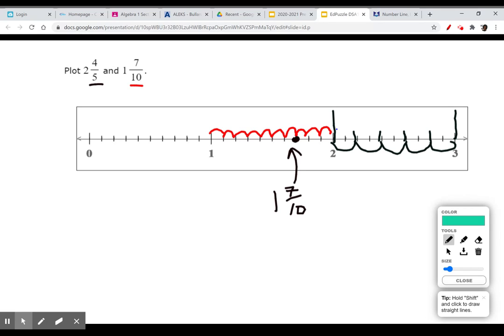So we know we're going to be in between 2 and 3 because this is 2 and 4/5. So here's 2 and 1/5, 2/5, 3/5, 4/5. Right here is 2 and 4/5, which is also the same as having 2 and 8/10.